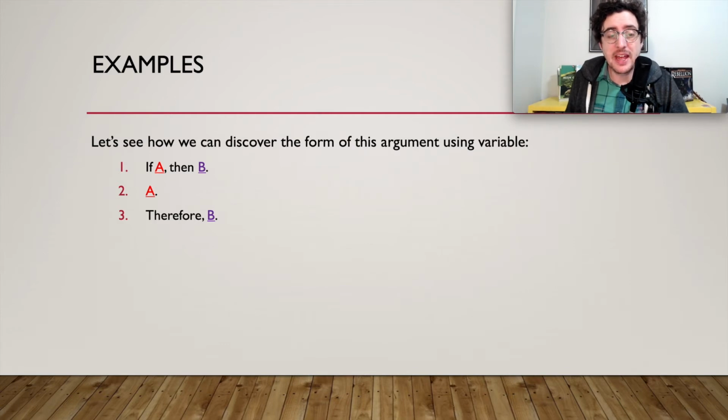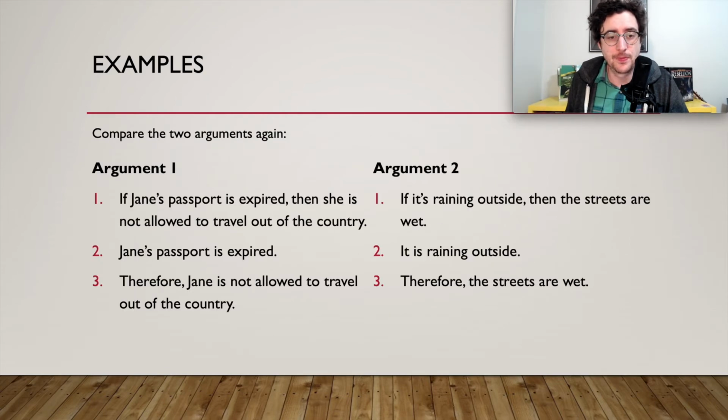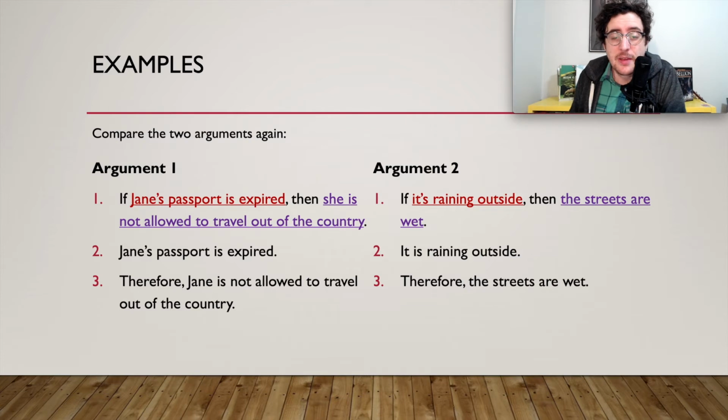It says if A then B in the first premise. The second premise says that A is true. And then the conclusion says B is true. Compare those two arguments again. Notice they both start out by saying if one thing is true, then another thing is true.